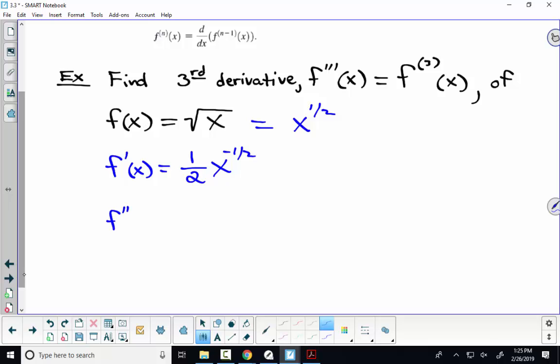And the second derivative just means to take the derivative of the first derivative. You don't have to write all of this notation out, but I'm going to do this.